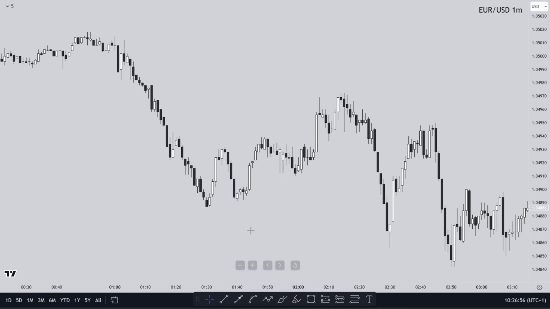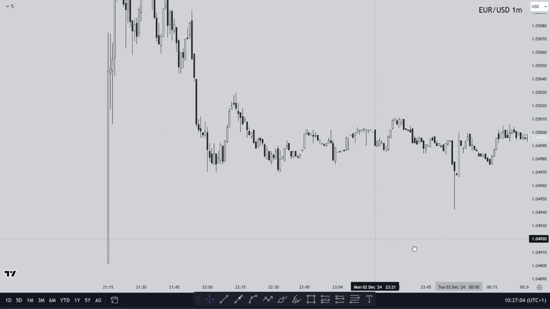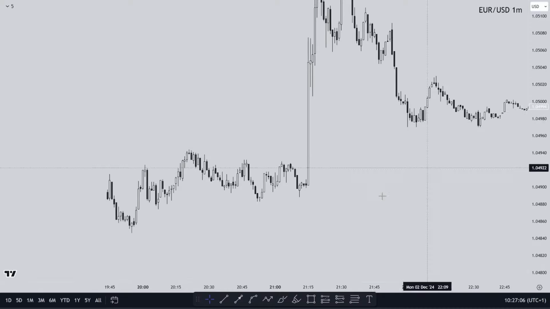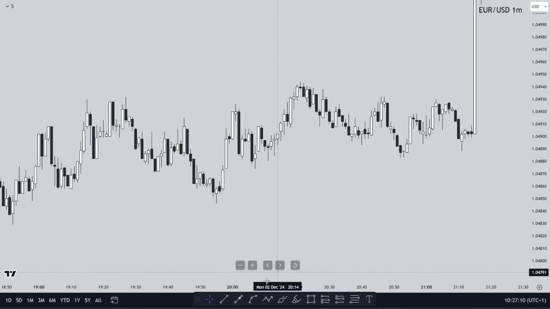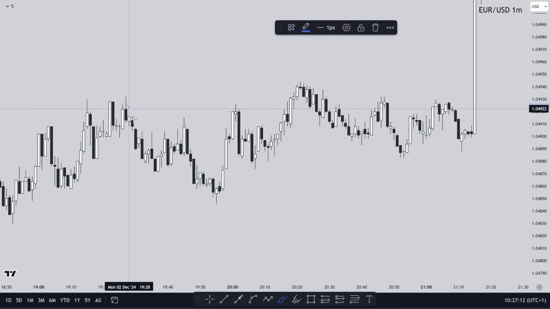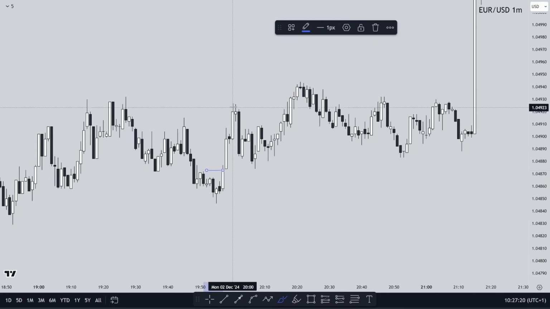On the other hand, if you wait for another break of structure, let's see if I can find an example for you just to understand better. Yes, maybe something like this. So here we are in a bearish movement. Then here the price breaks to the upside.